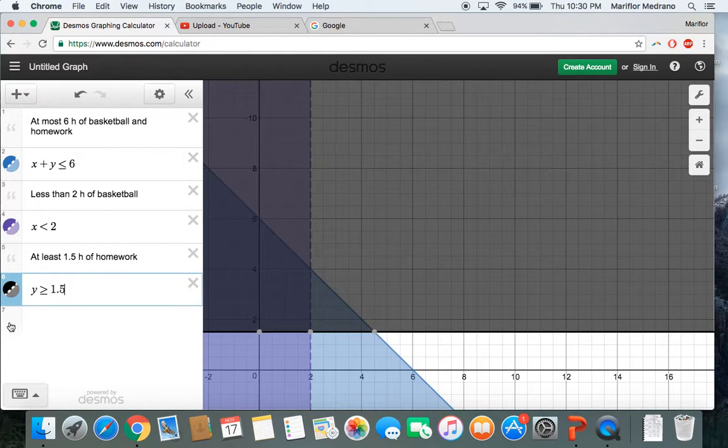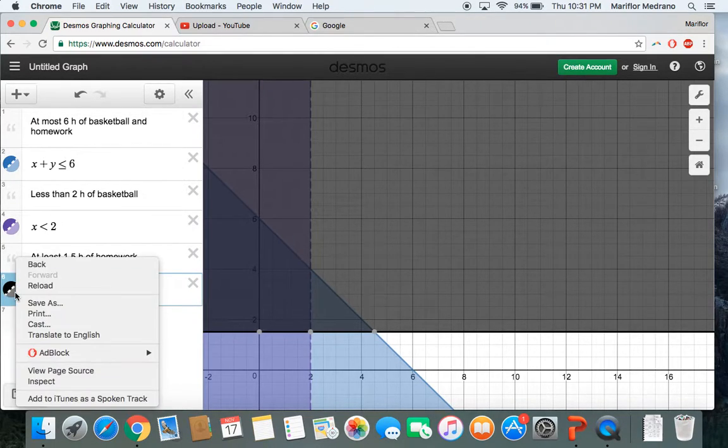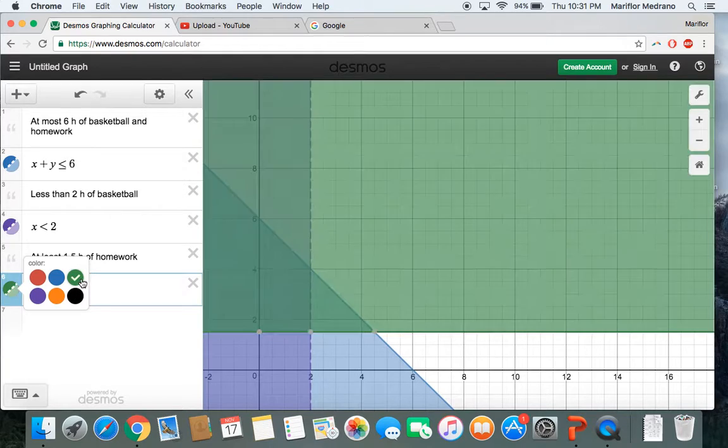Then I'm going to change the color so that it's a little bit easier to see. What we get here is this green means that's the time that you want to do homework. The purple means that's the time that you want to play basketball. And the blue is x and y added up to less than or equal to 6.